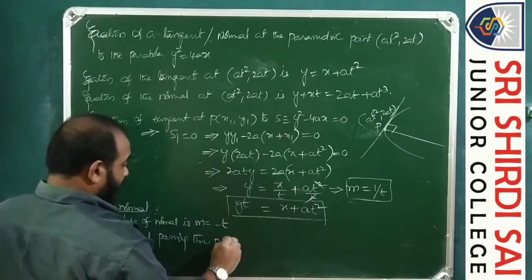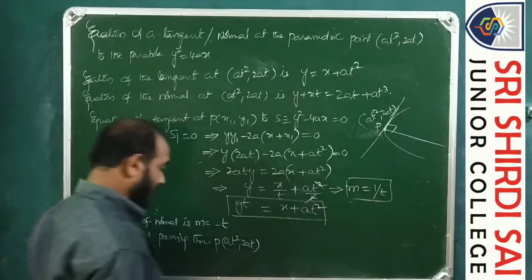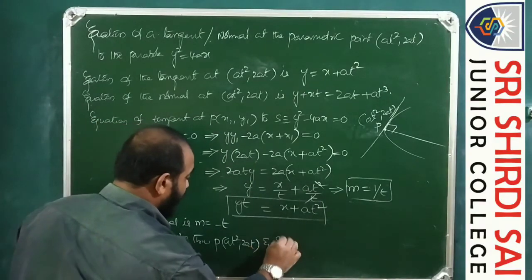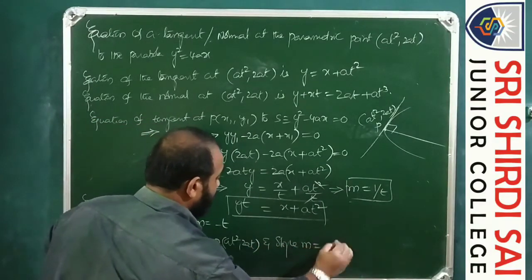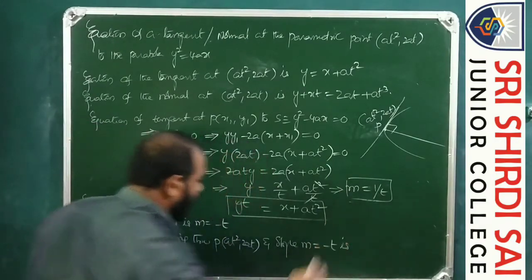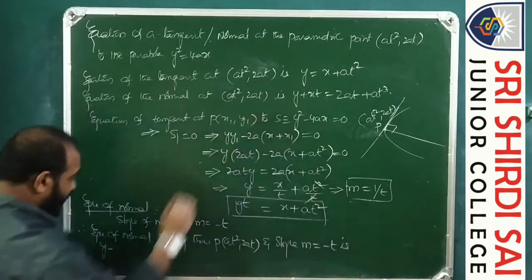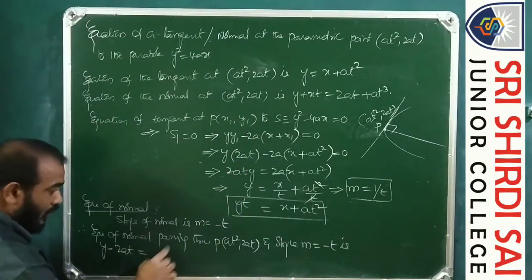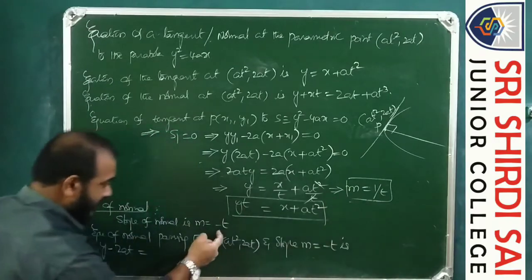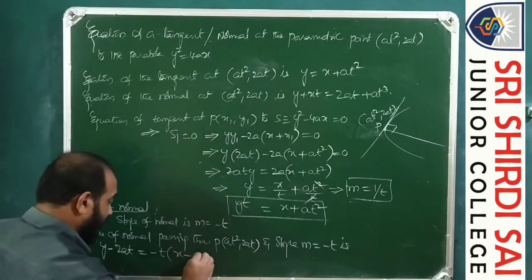The parametric point (at², 2at). And the slope m equals how much? Minus t. So y minus y1, which is 2at, equals m, which is minus t, into x minus x1, which is at².